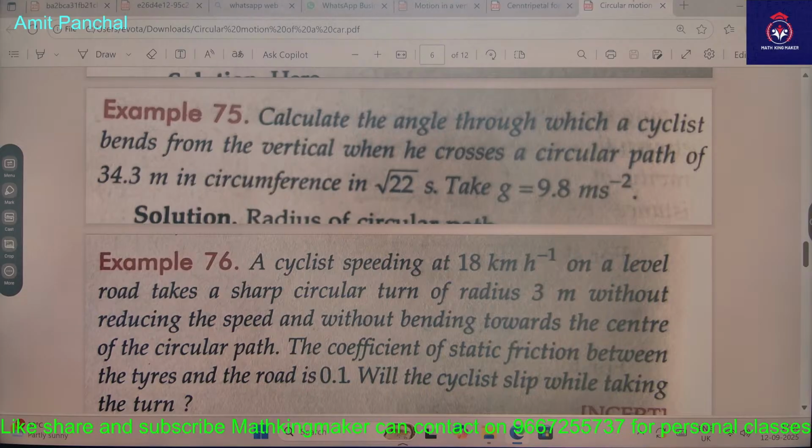Yes, sir. And my test is on Sunday. That means day after tomorrow. Yes, circular motion. Only circular motion is there. Okay, no worries, we'll finish it. Or should I tell you the vertical circular motion?